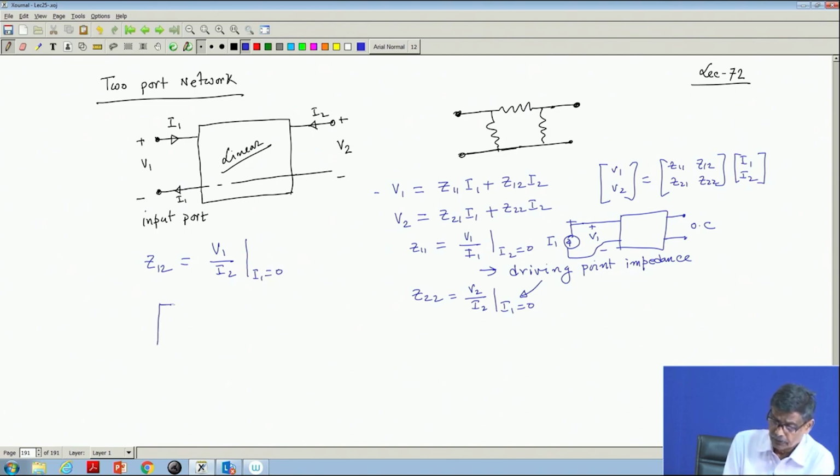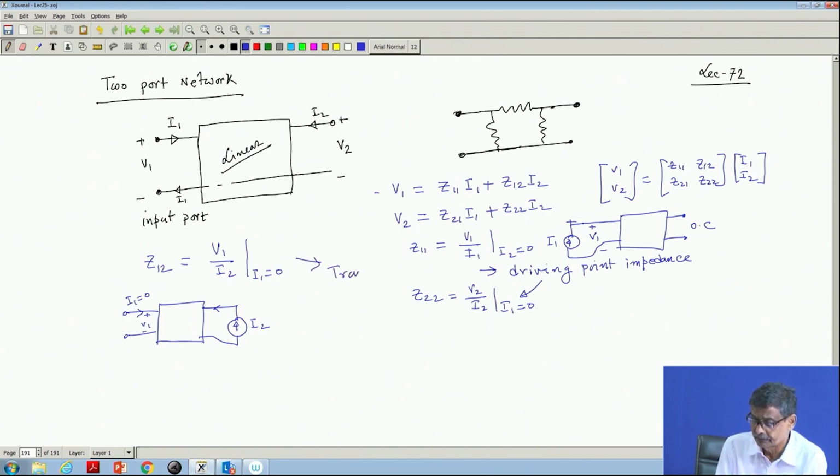That means you open circuit the input side so that I1 is 0, and on this side you excite with a current source I2 and measure this voltage. Some voltage will appear here, although the current is 0 between these two terminals. So, Z12 is V1 by I2, and this can be termed a transfer impedance. Its dimension will be ohm.